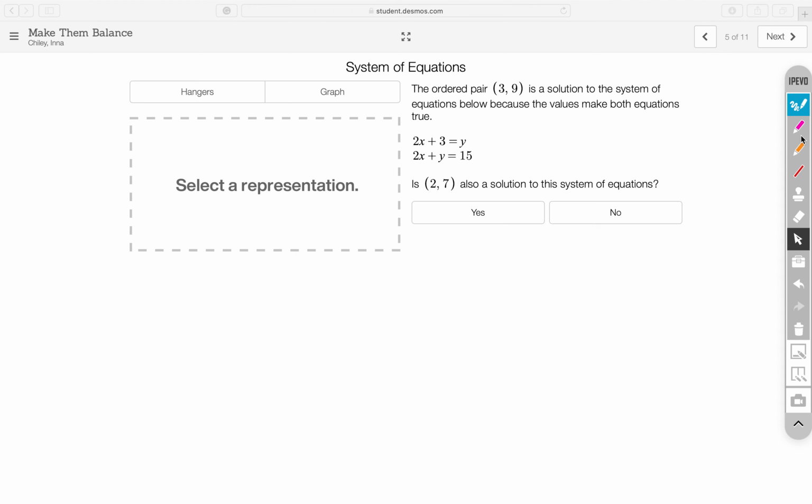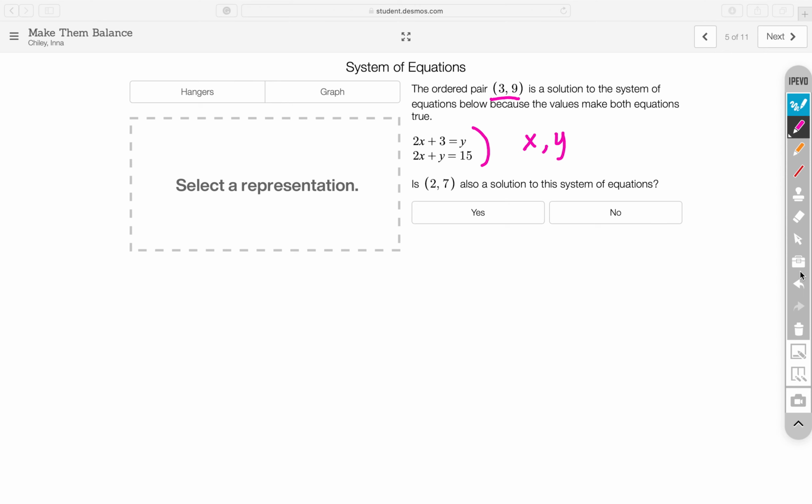So essentially, when you have two equations written like this, one at the top and one at the bottom, and you have two unknowns, two variables, x and y, that you do not know, this is called a system of equations. Ordered pairs, like 3, 9, can be solutions to the system of equations.